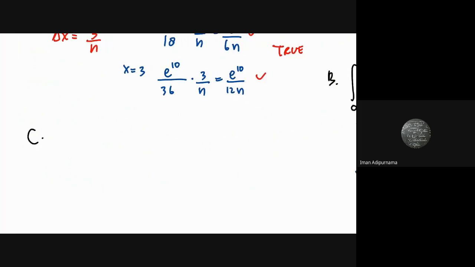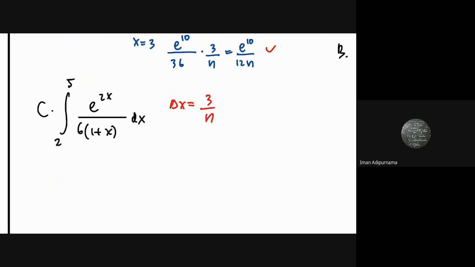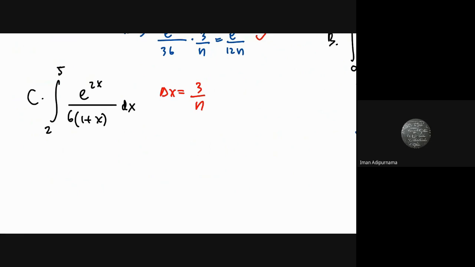And then we look at C, from 2 to 5. We get that delta x is 5 minus 2, which is 3, so 3 over n, right? And then we check x equal to 2: e to the 4 over 3 times 6, which is 18.